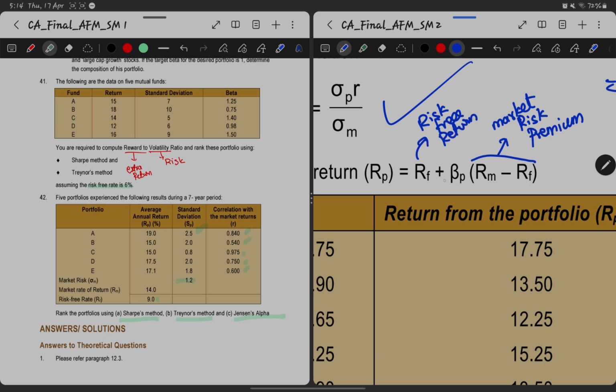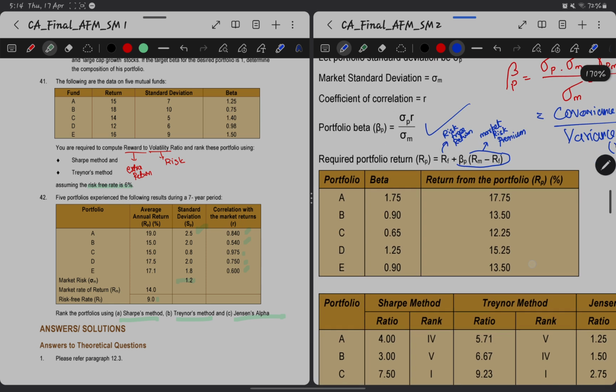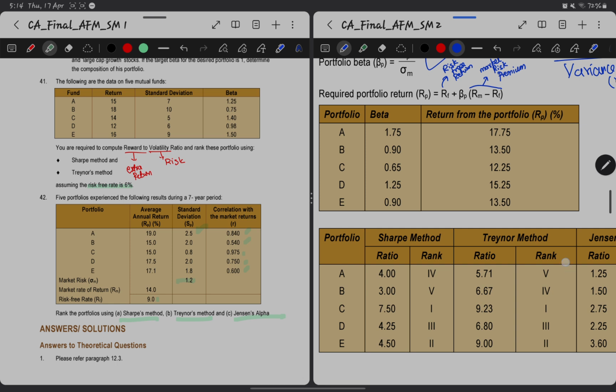So with risk-free return, if we add up the risk premium, we'll get the required portfolio return as per CAPM method, capital asset pricing model.